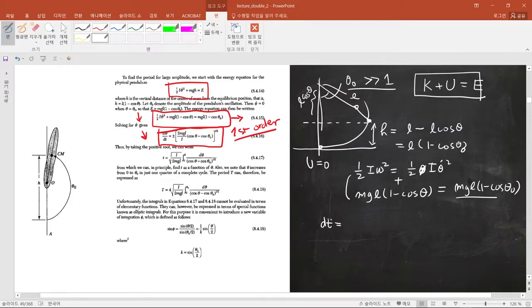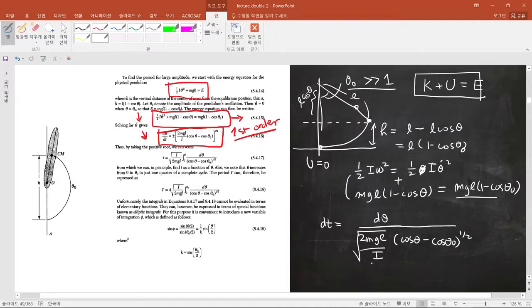dt. If you put this in here, you have d theta over the square root of 2 mgl over I times cosine theta minus cosine theta 0, to the 1/2.